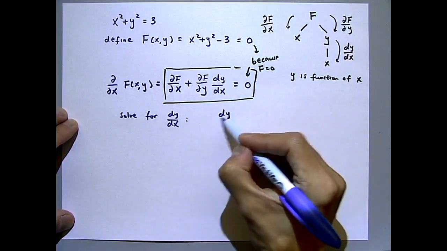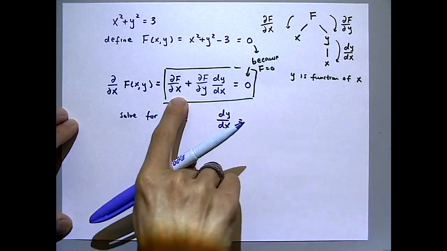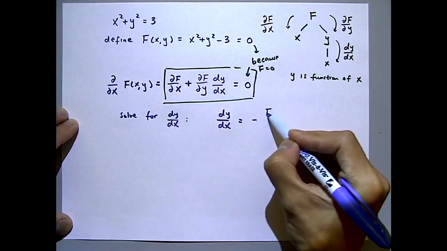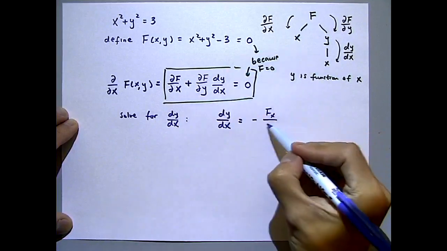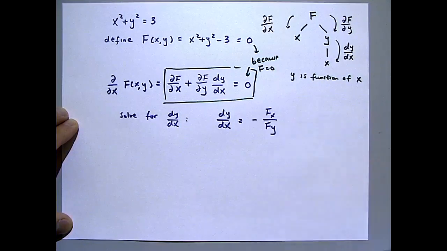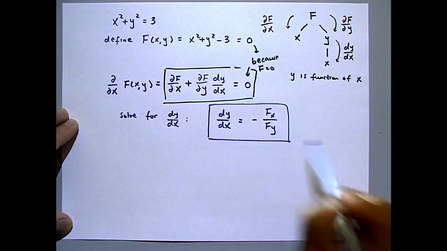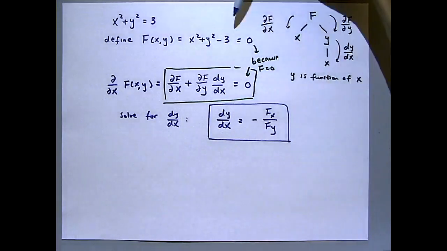And we see that dy dx is equal to negative of the partial derivative with respect to x over partial derivative with respect to y. Okay. And this will give us the slope of a level curve once we have defined a function capital F.